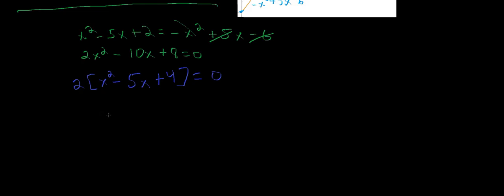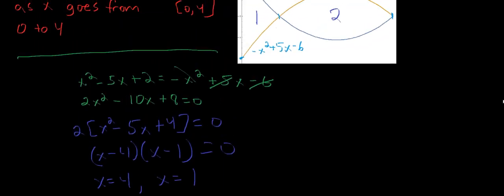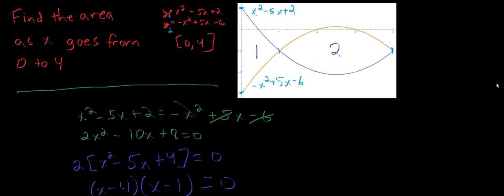And then we get x minus 4, x minus 1, when we go ahead and factor this down, equals 0. And this indicates that x equals 4, x equals 1, and both these values will set the equation equal to 0. And if you remember what our equation was, it was y1 equals y2.